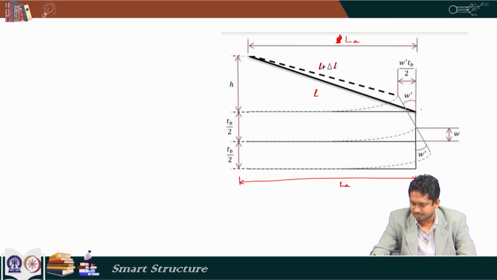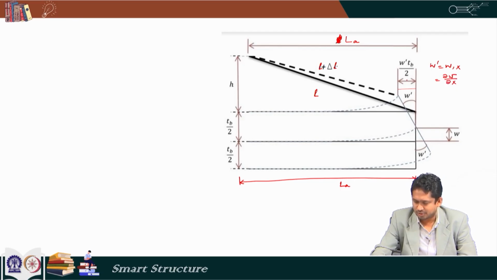The slope here is del w by del x, because if we consider the Euler-Bernoulli assumption, then the plane section remains plane before and after bending. So this slope is also del w by del x. Then this offset is w prime multiplied by T b by 2. In this diagram w prime is equal to w comma x, equal to del w by del x.